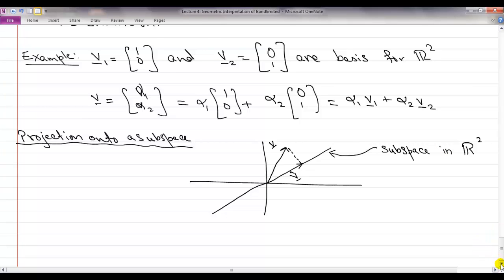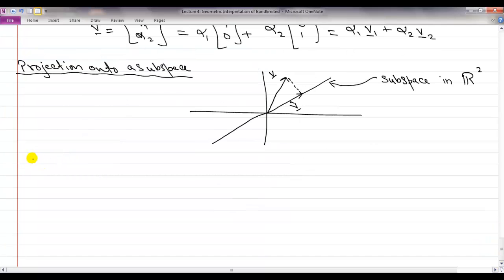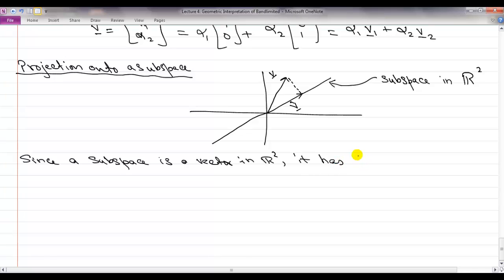So if you are in Rn, or in this case R2, there is a way for us to compute this projection. And the best way is to use an orthogonal basis of your subspace. Since a subspace is a vector space in Rn, it has a basis.